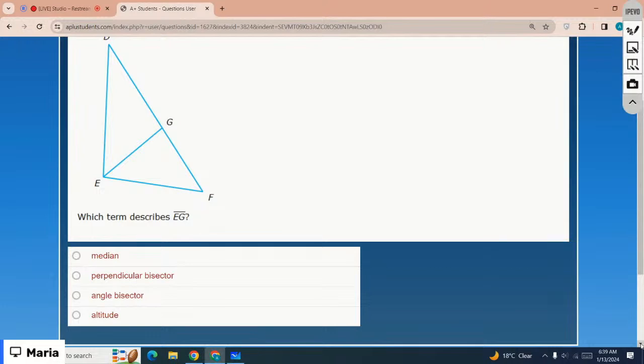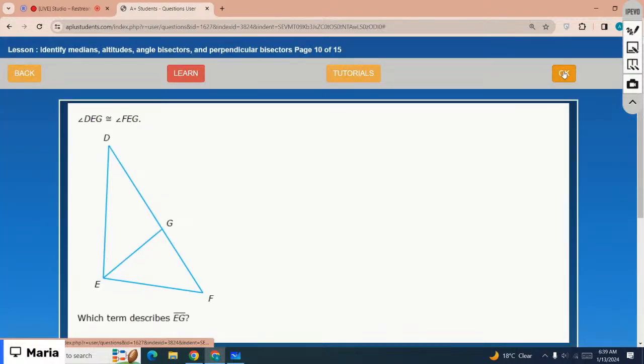That is the angle bisector that just bisects the angle. So that is the angle bisector. Got it?